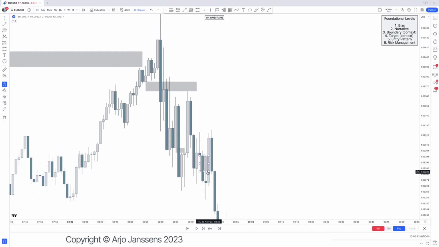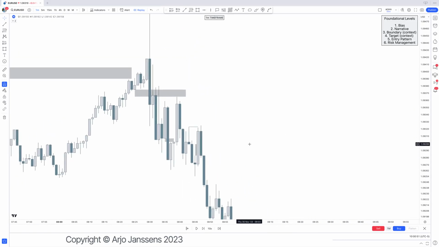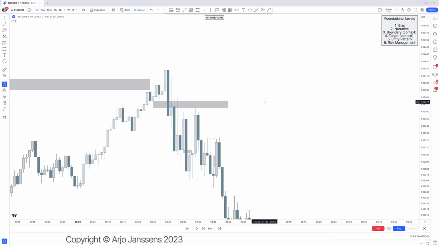meaning that this fair value gap lower on the 1 minute, is this now your protected high? No. Why not? Because it's not in context of the 5 minute right there, which means that overall your protected high is still this high sitting right there.